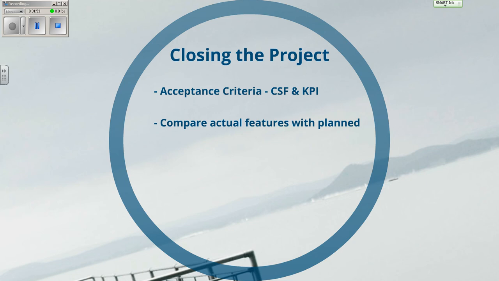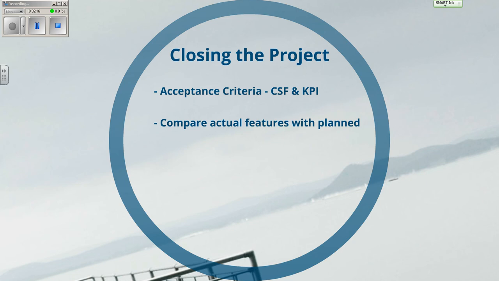So you look at the acceptance criteria, the critical success factors and the key performance indicators that you set yourself, that you agreed with the customer at the start, and you compare what actually happens with what was planned, with what you'd agreed with the customer. Hopefully, you've met at least your acceptance criteria.